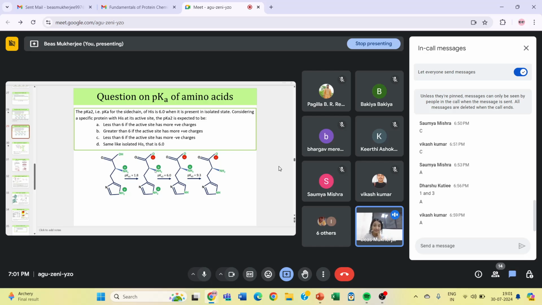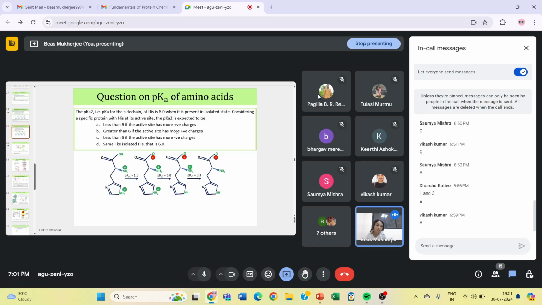Now they are asking you whether this is going to vary when it is present in the active site of the protein in the proximity of other amino acids, right? When it is alone, it is 6, but when it is present in the proximity of other amino acids, let's see what happens. A, less than 6 if the active site has more positive charges. B, greater than 6 if the active site has more positive charges. C, less than 6 if the active site has more negative charges. D, same as isolated histidine.